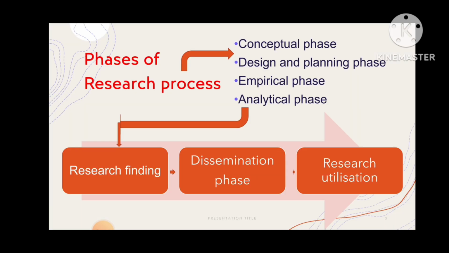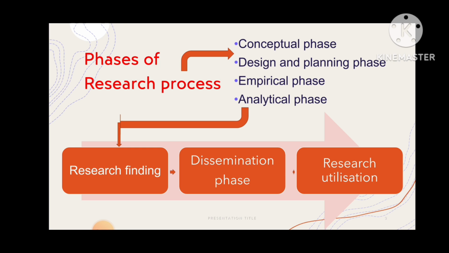As all of you know, the research process consists of mainly five steps: the conceptual phase, design phase, empirical phase, analytical phase, and finally the dissemination phase. In the conceptual phase, you decide upon the type of research problem, and you review the literature related to the study.